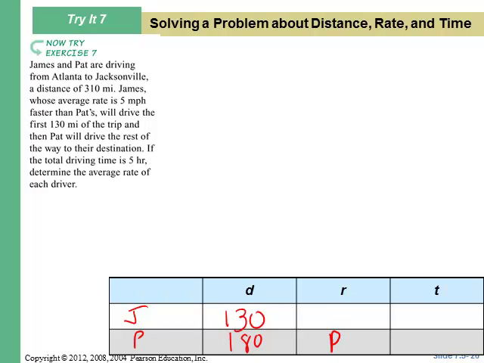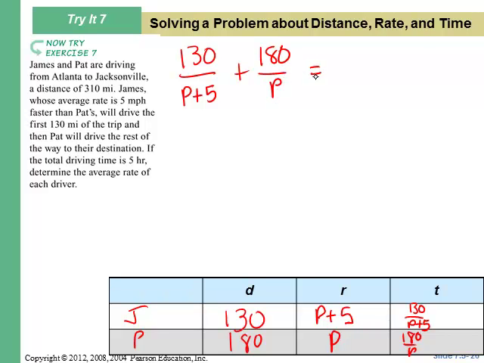So we'll call Pat's rate P, and James's rate P plus 5. Distance divided by rate is 130 over P plus 5, and 180 over P. So 130 over P plus 5 plus 180 over P is a total of 5 hours.